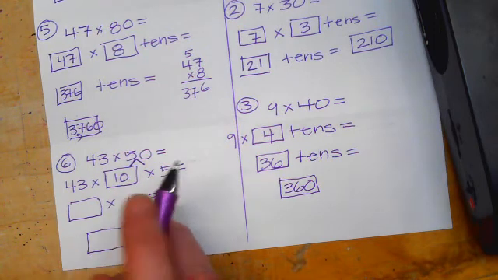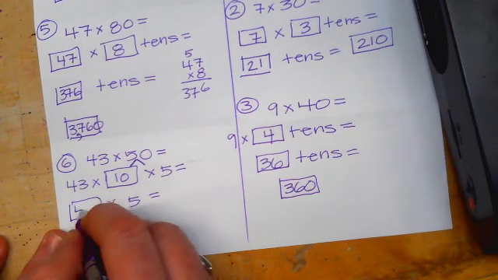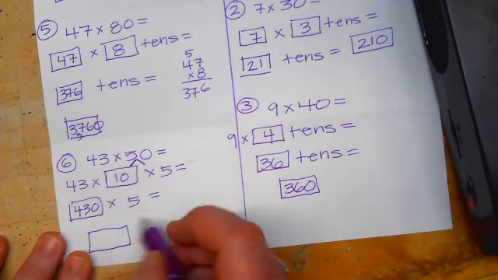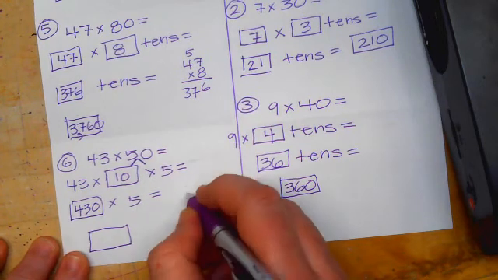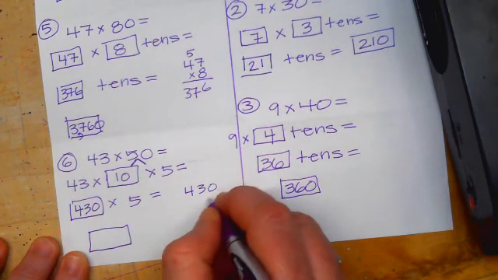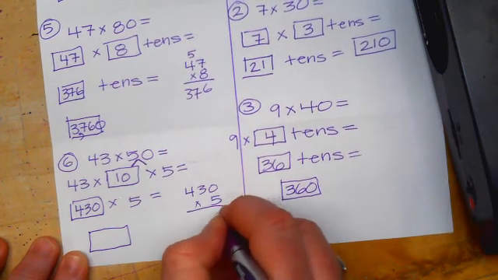So I can say, 43 times 10 is 430 times 5.